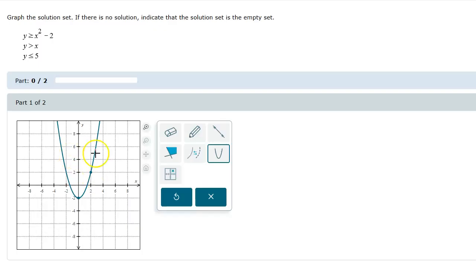Now, before I leave this, I want to go back and check the equal sign is a part of this inequality. So that means the curve should be solid, and it is. Let's look at number 2. Number 2 is the line, or the related equation is y equals x. So y equals x is the untransformed line that sits at the vertex. So I'm going to pick up the line tool next.